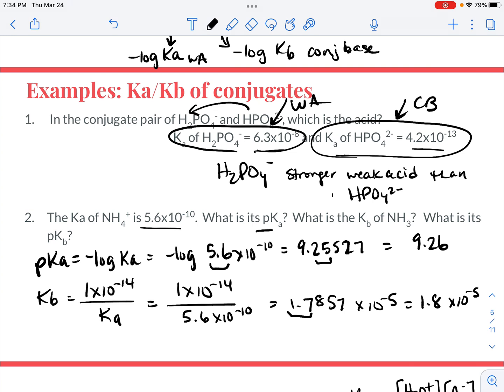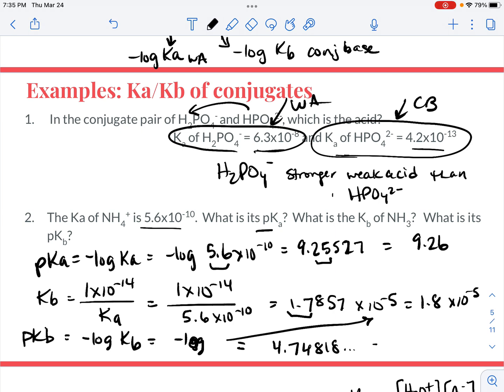All right. And then finally, if I want pKb, I can either subtract the 9.26 pKa from 14, or I can take the negative log of Kb. So pKb equals the negative log of that number. When I punch that into the calculator, I get 4.74818, a bunch of numbers.